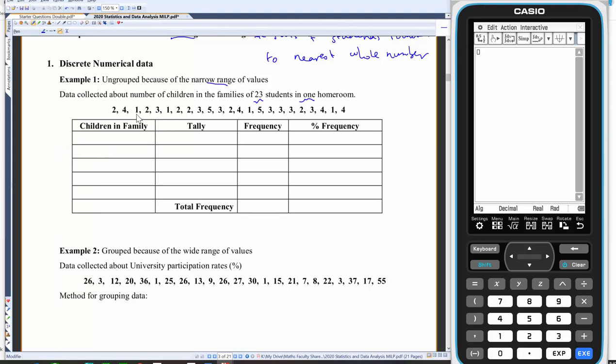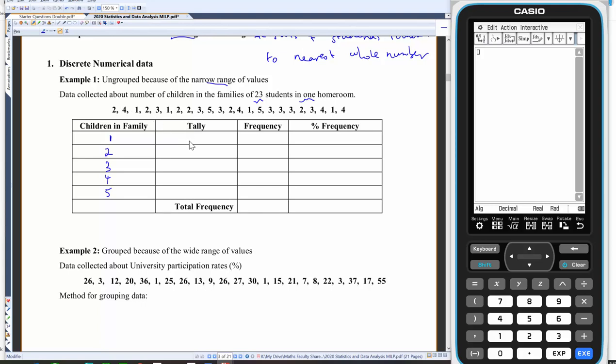So here's what I mean. Our lowest value clearly is 1, so we're going to pop that in. Number of children in the family is 1, then it's 2, then it's 3, 4, and 5. Now, I didn't even note whether there was any 4s there, but we still need to pop in a 4, even if there isn't any, because that tally then will tell us that there's 0 4s, and that's really important to know.